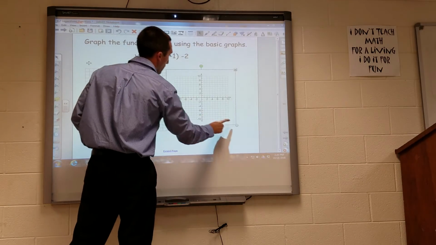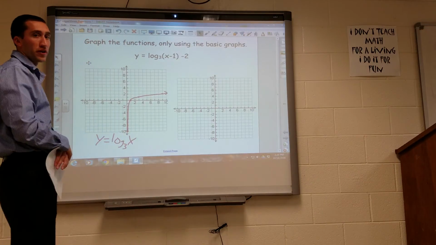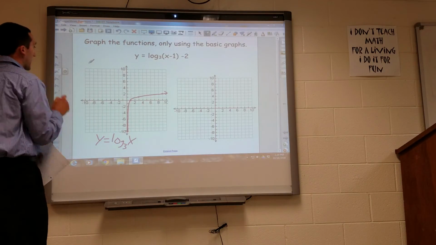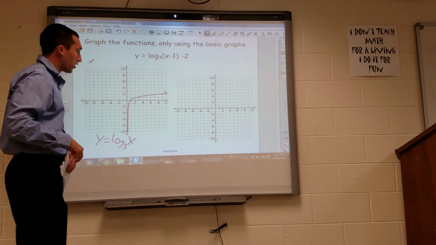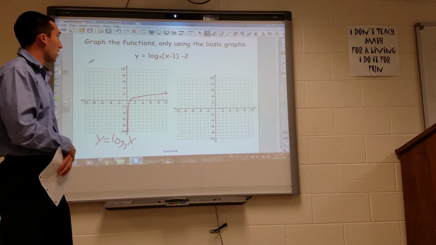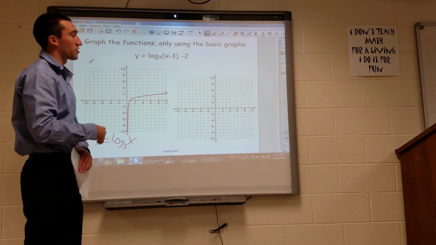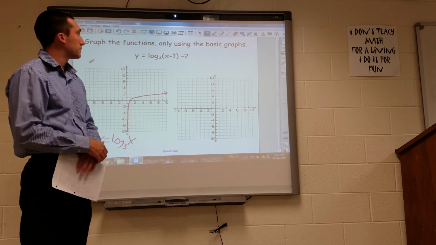Now let's see what happens after we do the appropriate transformations. I like to start at (1, 0), because that's going to be the same for typically all logarithms. So I start at (1, 0), and then I do the transformations to that. Then I'll graph it from there.